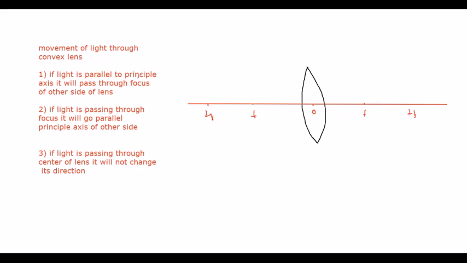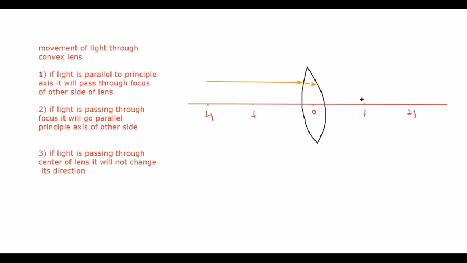Now, if the light is parallel to the principal axis, any light which is parallel to the principal axis, for example, this is a light which is parallel to the principal axis. Where it passes, it bends towards the normal and then bends away from the normal.